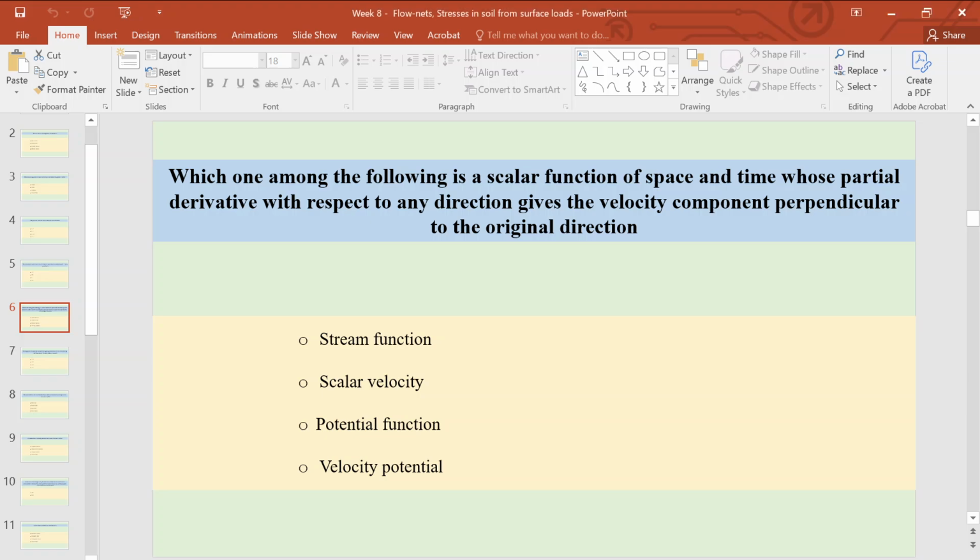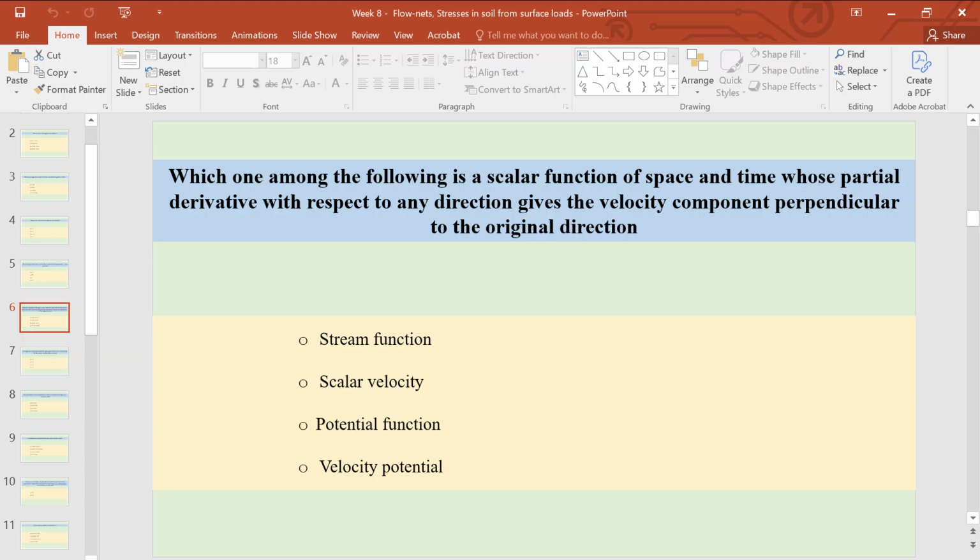Which one among the following is a scalar function of space and time whose partial derivative with respect to any direction gives the velocity component perpendicular to the original direction?